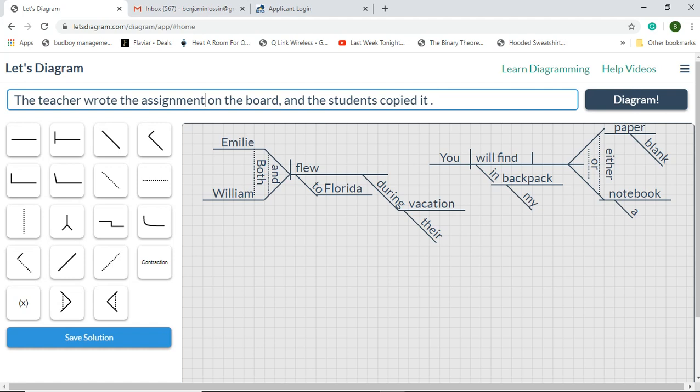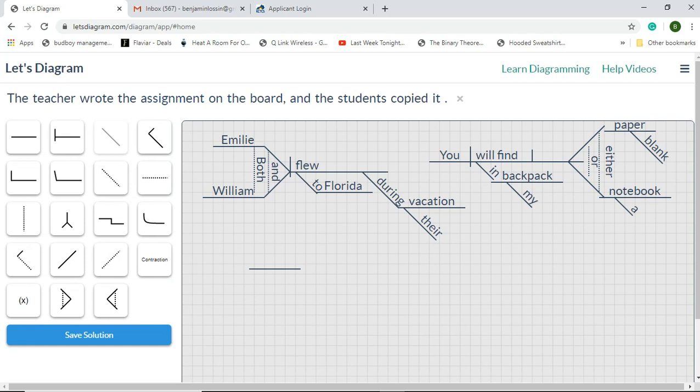So, let's take a look at the first one. Come in here and find the subject for the first part of the compound sentence, which is teacher. So subject. Okay?